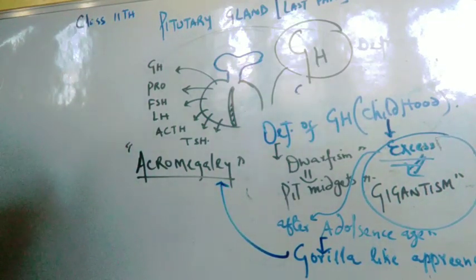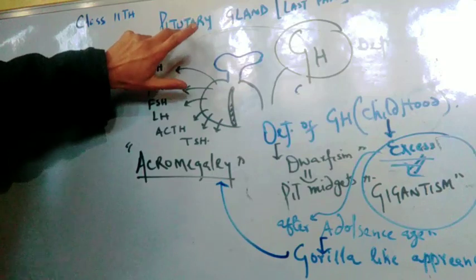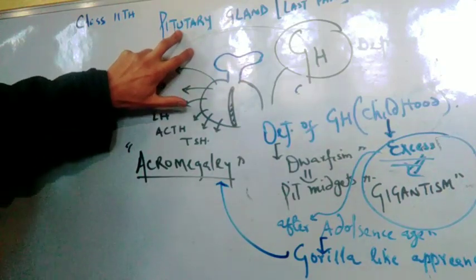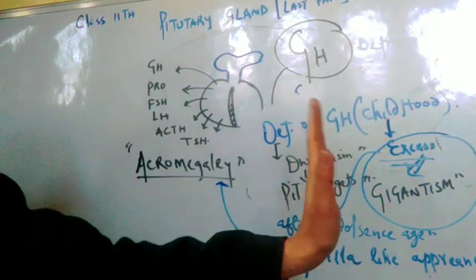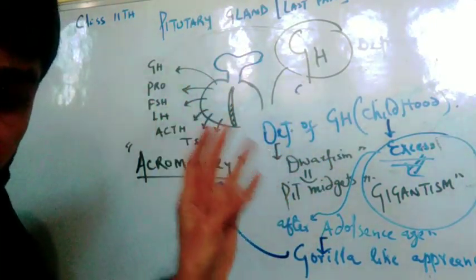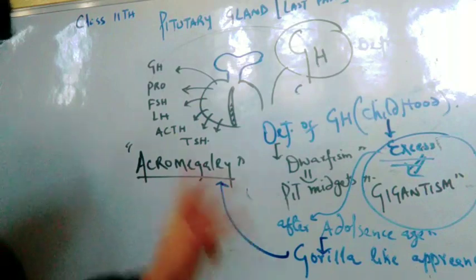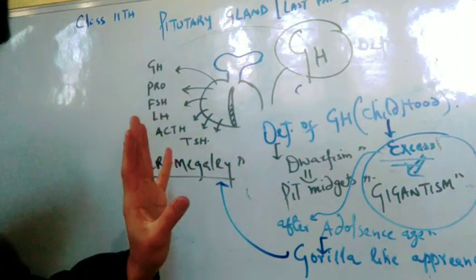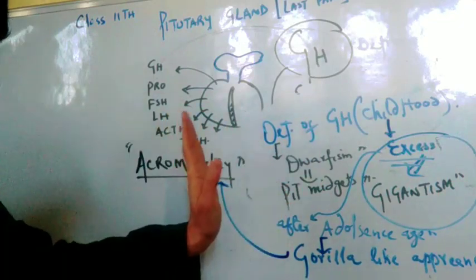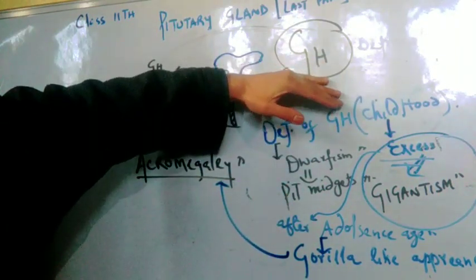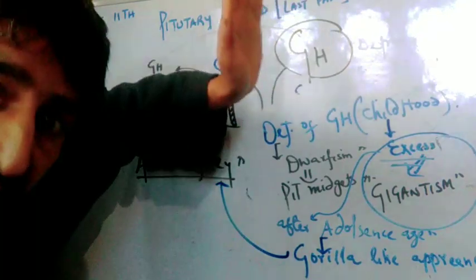What we have studied right now is that growth hormone is also known as somatotropin hormone. It is this growth hormone that enhances the movement of amino acids into our body cells, tissues, or organs, and causes protein development in our body. Secondly, it acts as mitogen. How? It stimulates the liver, and from the liver, insulin-like growth factor is produced.